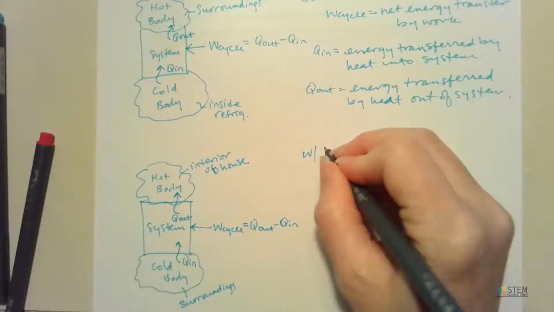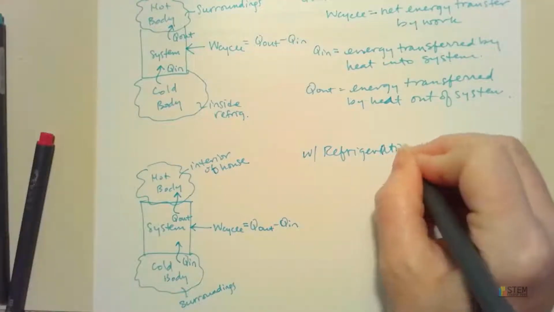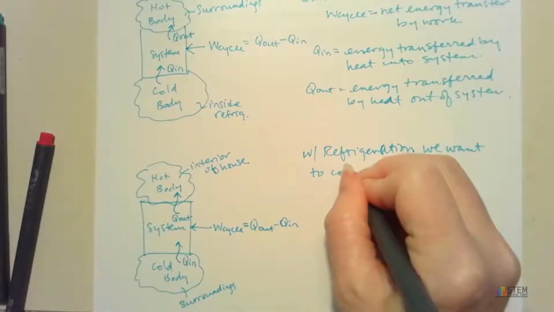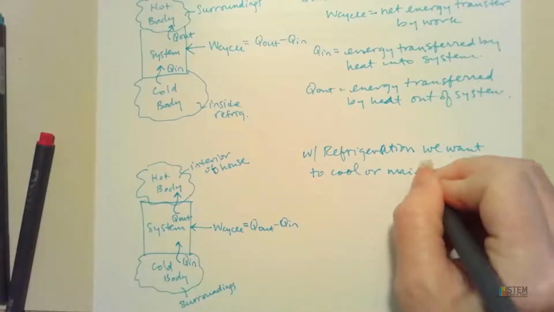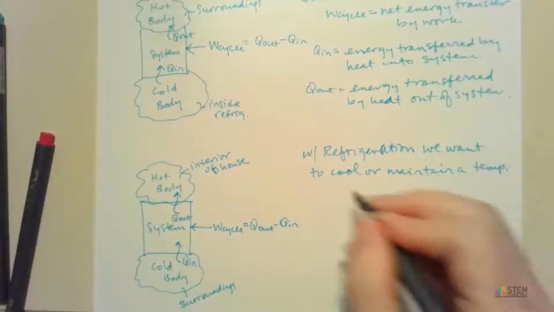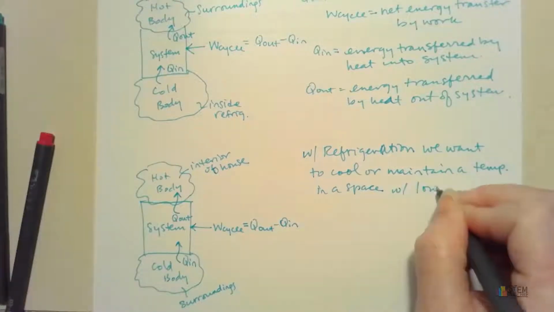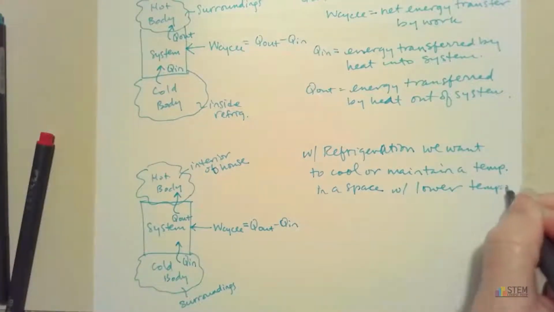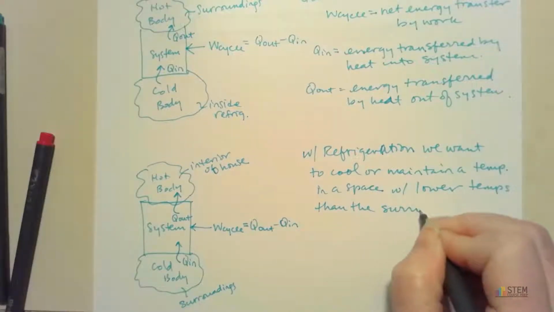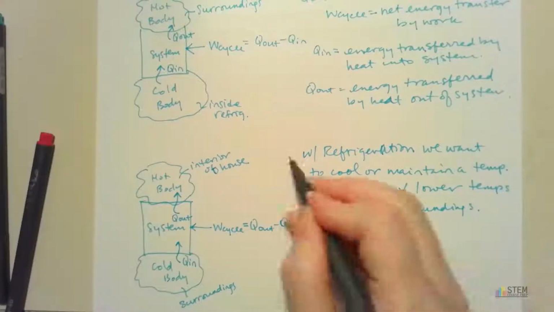All right, so let's write some notes here. So with refrigeration, we want to cool or maintain a temperature in a space with lower temps than the surroundings. Okay, now that's refrigeration.